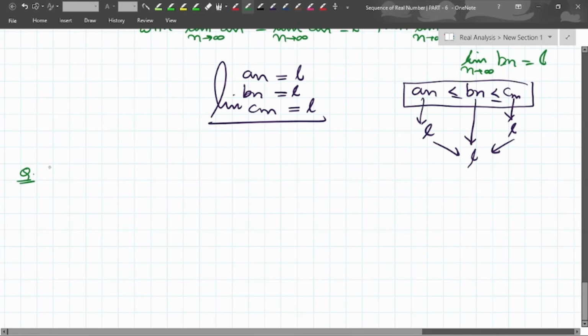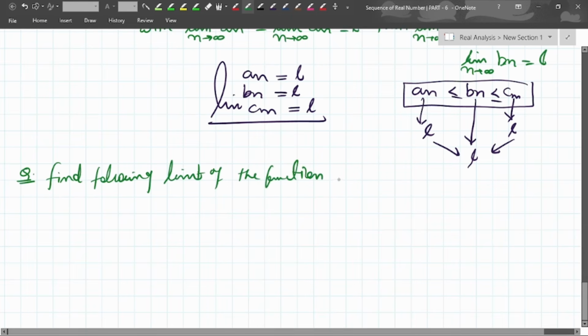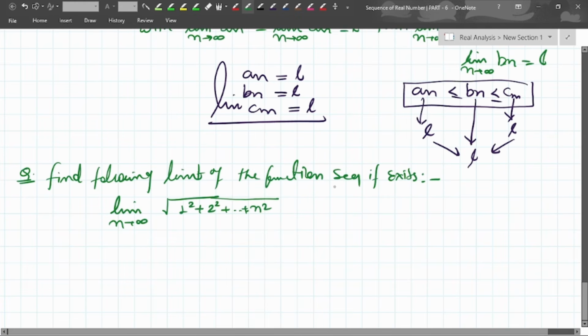Find the following limit of the function, or let's say sequence, if it exists. The first one is: find the limit as n tends to infinity of the nth root of 1 square, 2 square, up to n square, that we can easily find.